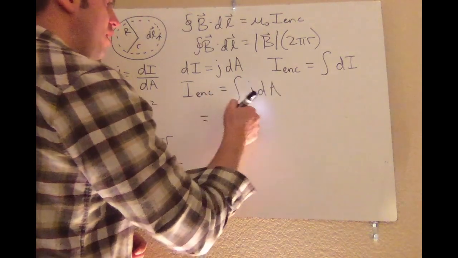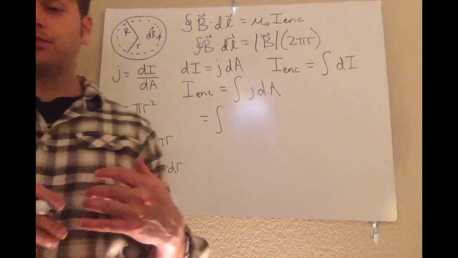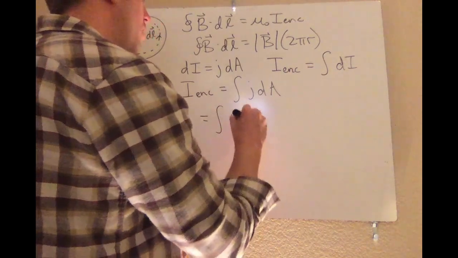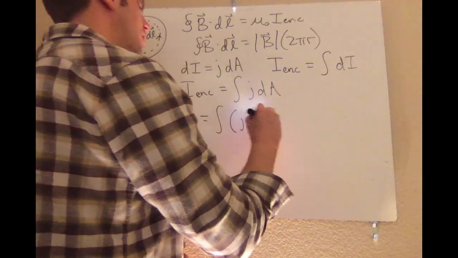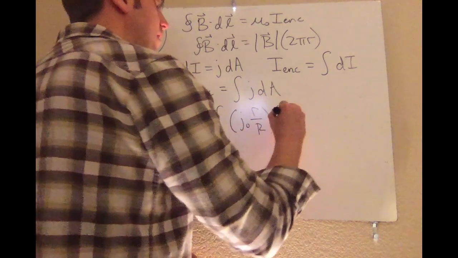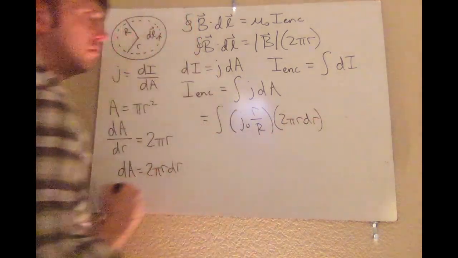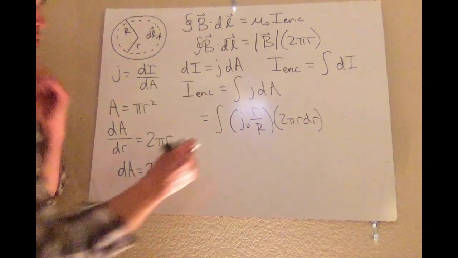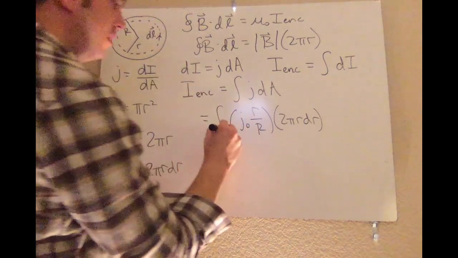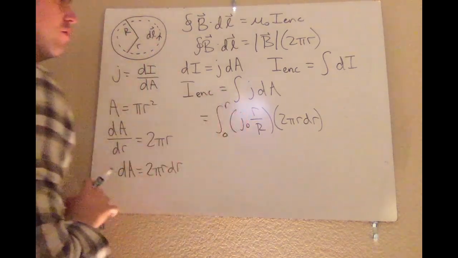Now, what's going in here for J? Well, that's just the current density function that we were given. So let's put in what we were given. This is J naught times little r divided by big R. And dA is 2 pi little r times dr. And of course, we want to include all of this current we're enclosing, which means we have to go from 0 radius all the way out to little r.